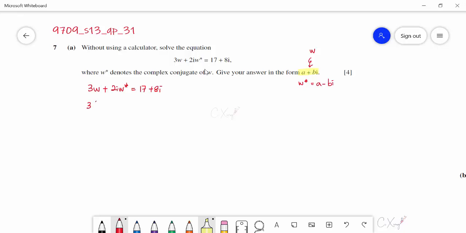So 3 times W, which is a plus bi, plus 2i, then W star, which will be a minus bi, the W conjugate, equals 17 plus 8i. So I expand everything.